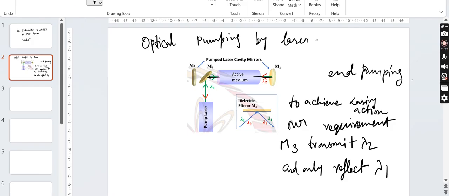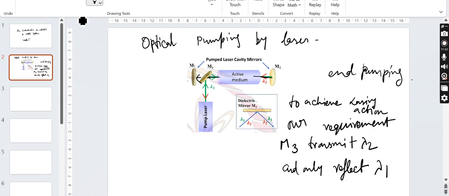The light can go to the other mirror and go back and forth in the cavity, and the other one doesn't need to go back and forth in the cavity.